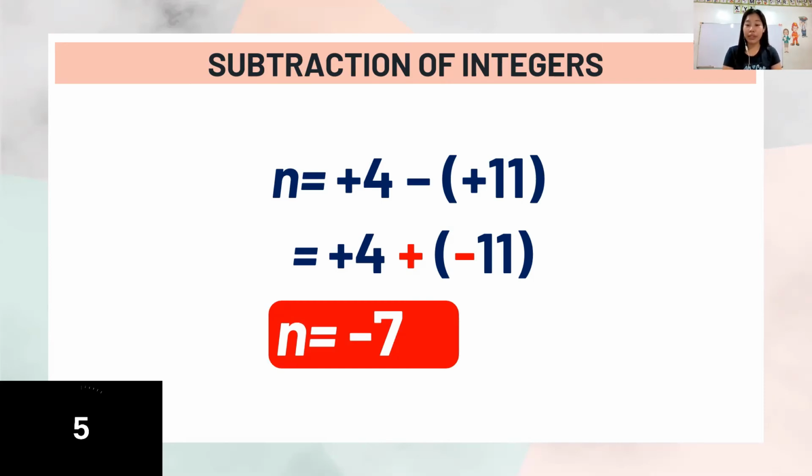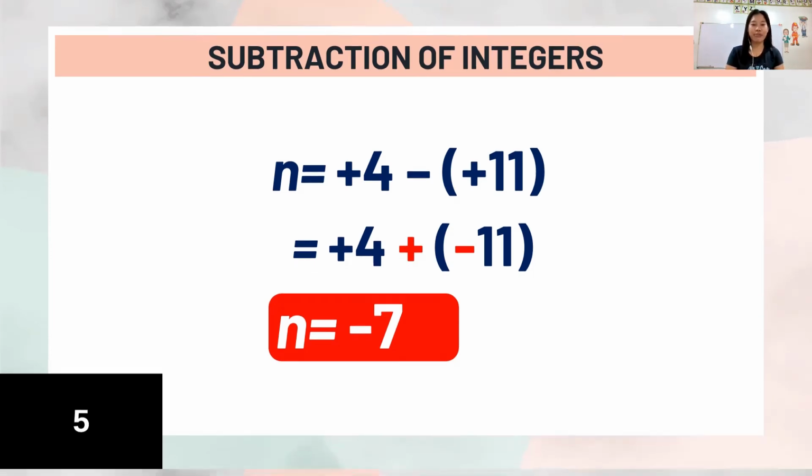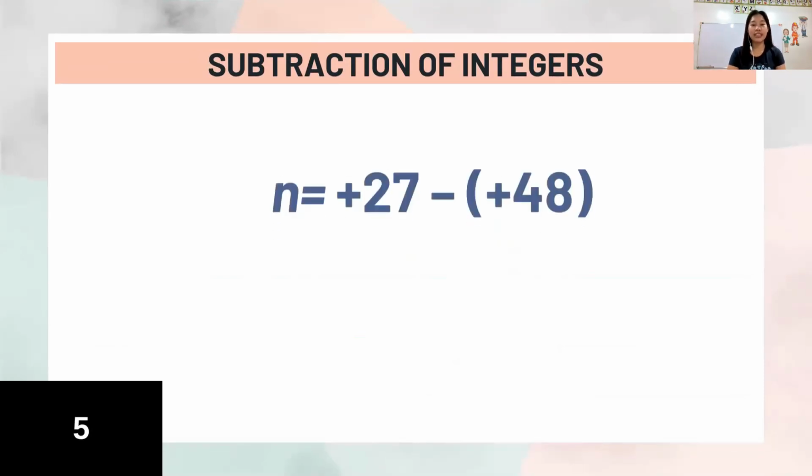In this item, 11 is bigger than 4. Therefore, the negative signed number is bigger than the positive signed number. So the answer is negative. And 11 minus 4 is 7. Negative 7. Amazing. Second to the last.